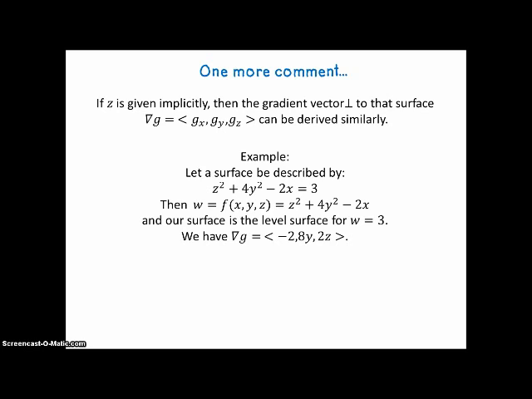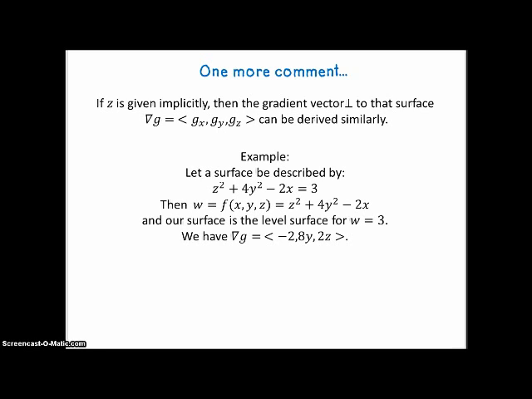So implicitly means that z is all mixed up with the other variables, and so it's not solved for. In other words, you don't have z equal to an expression in x and y, it's all mixed up. But in fact it's even easier to compute the gradient vector, which in this case would be -2 for the partial derivative with respect to x, 8y for the partial derivative with respect to y, and 2z for the partial derivative with respect to z.